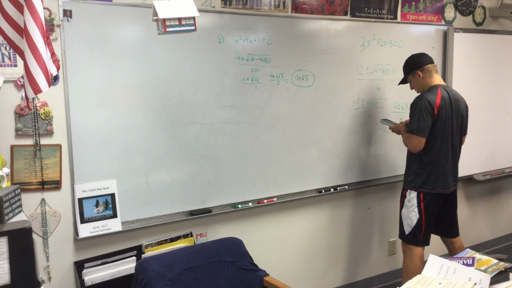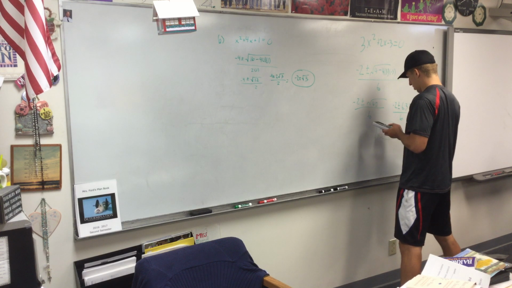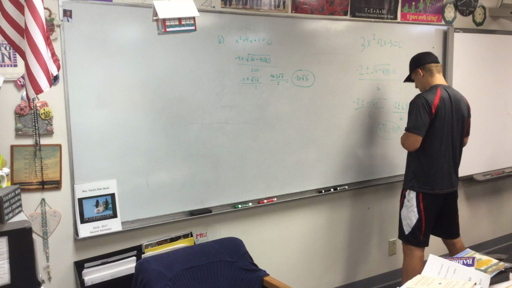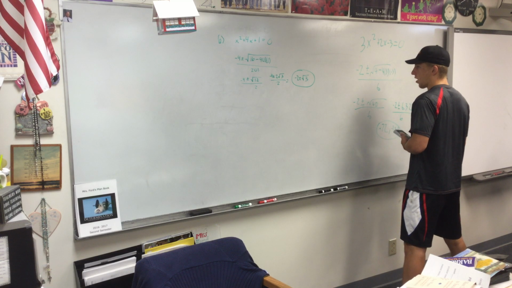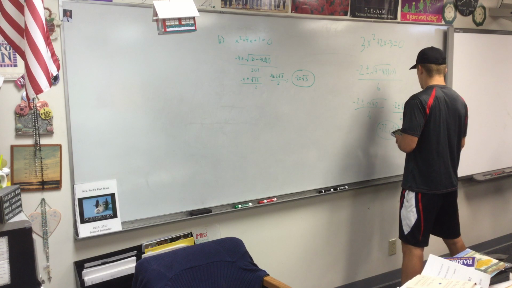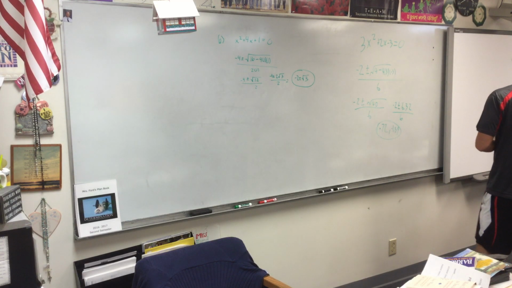Is that good? That looks fine. It's all over two. Did you just put the 37 over two, or is it all over two? Just doing the previous one. No, it's just that it's small, all over two. I'll leave it in radical form.